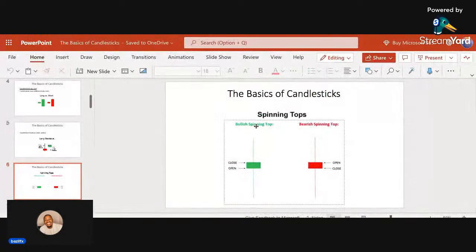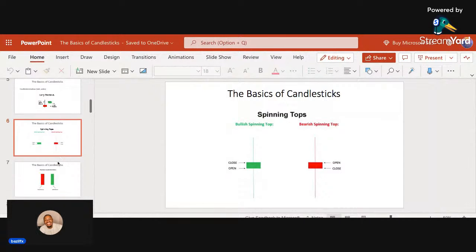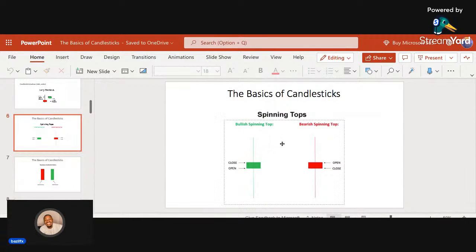And also, guys, these don't just represent indecision. Spinning tops are very, very good candles, because the way you see a rising wedge and a falling wedge, they also represent the same thing: indecision or continuation or reversal. You get, guys?